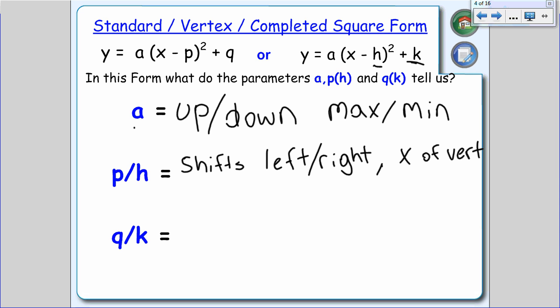What's your q value tell you? Somebody else. Come on. Yeah, q value tells you how much moves up, how much moves down. So it shifts up. What else does it show you? Yeah, shows you the y value of your vertex.